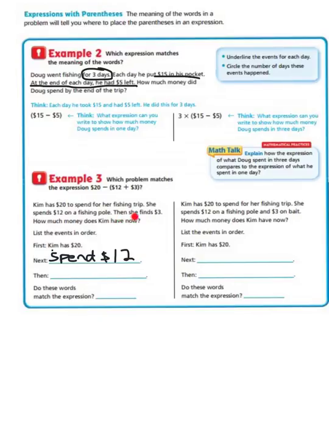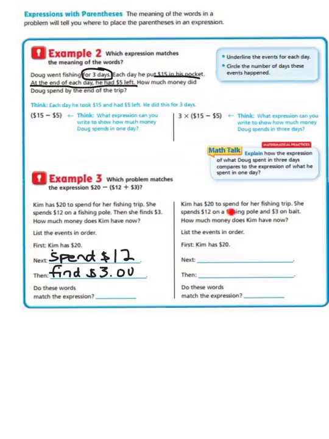Then it says, then she finds $3. The last thing it says, do these words match the expression? So she has $20, she spends 12, and finds 3. So we have the 20 minus 12 plus 3. Well, it's possible, but let's look at our other one before we make a decision.